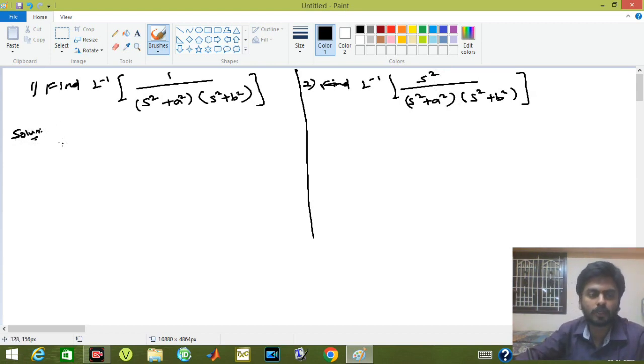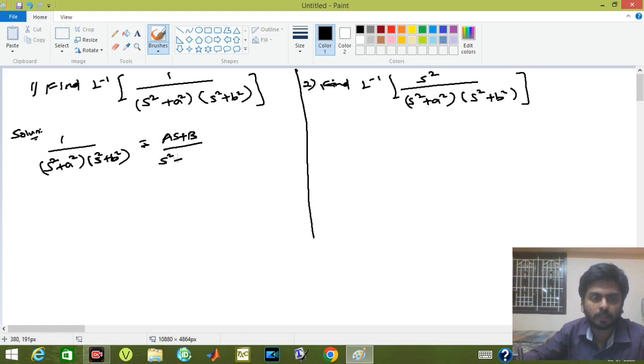So how to do that? Let us take 1 by (s square plus a square) into (s square plus b square) equal to (as plus b) divided by (s square plus a square), plus (cs plus d) divided by (s square plus b square).